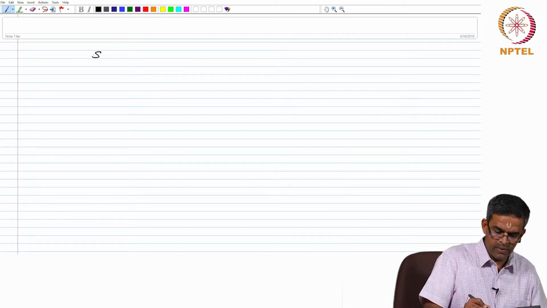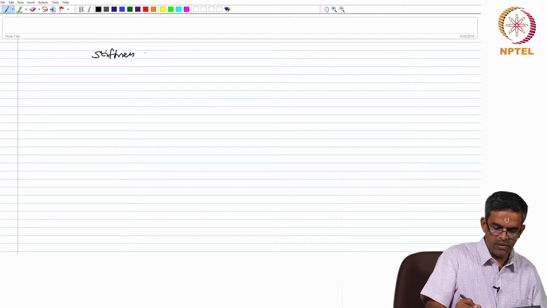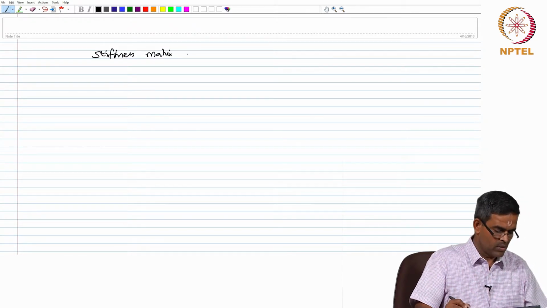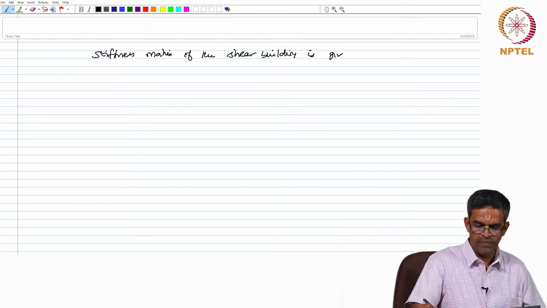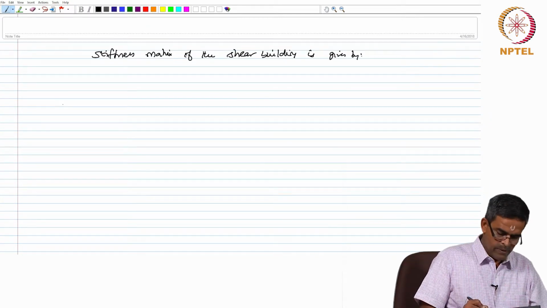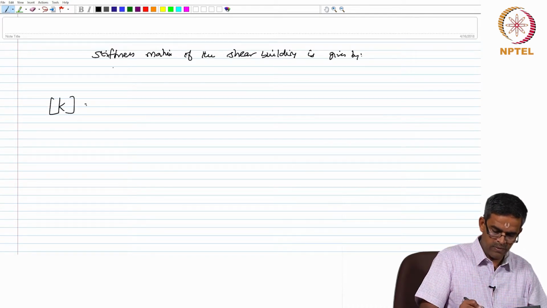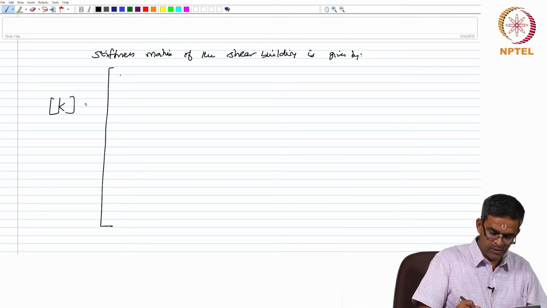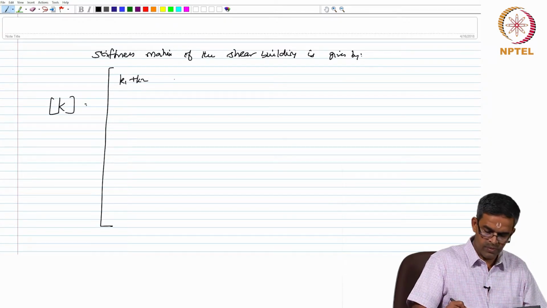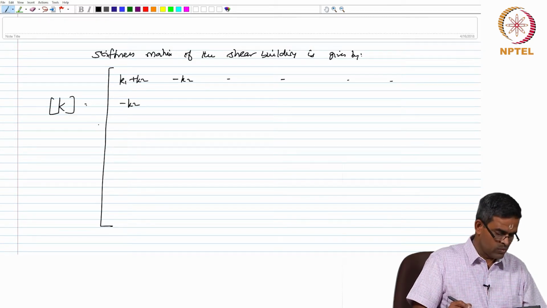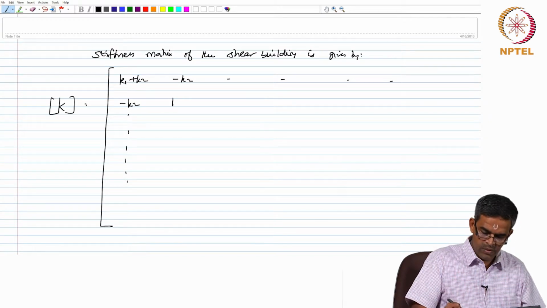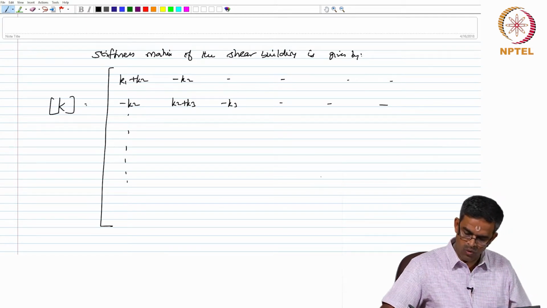Stiffness matrix of the shear building is given by K1 plus K2, minus K2, minus K2, K2 plus K3, minus K3, and so on.